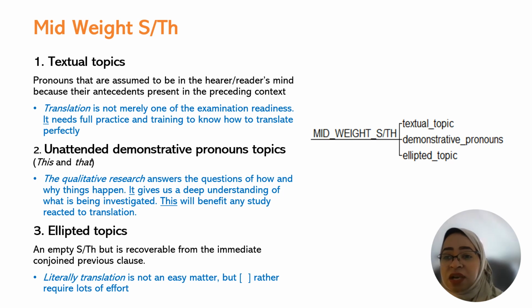For instance, third-person pronouns may seem simple, but they have antecedents in the discourse, providing them with greater contextual weight. We can see the same function for the unattended demonstrative pronouns when using this and that without a following noun. The elliptic themes are also recoverable from the conjoined previous clause as well.